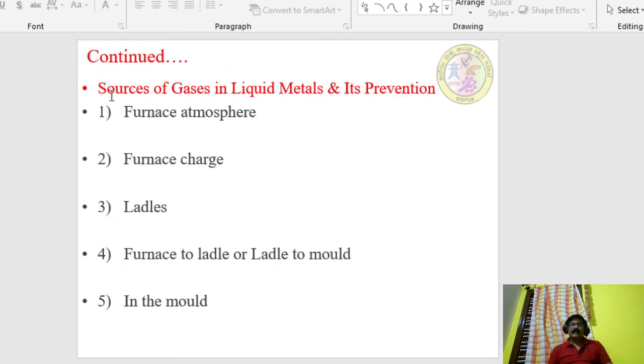These are some of the sources of the gases in the liquid metal and their prevention.